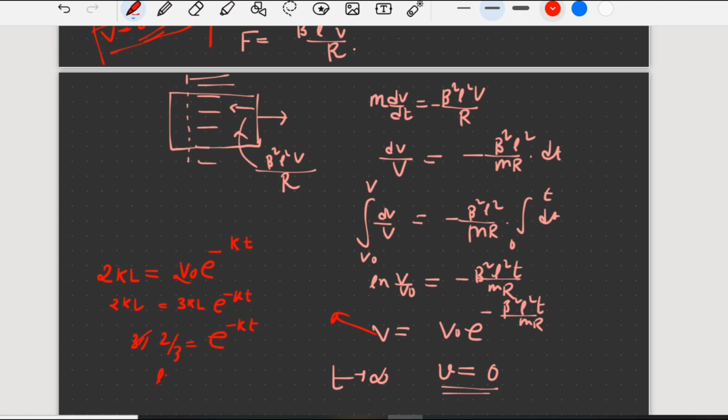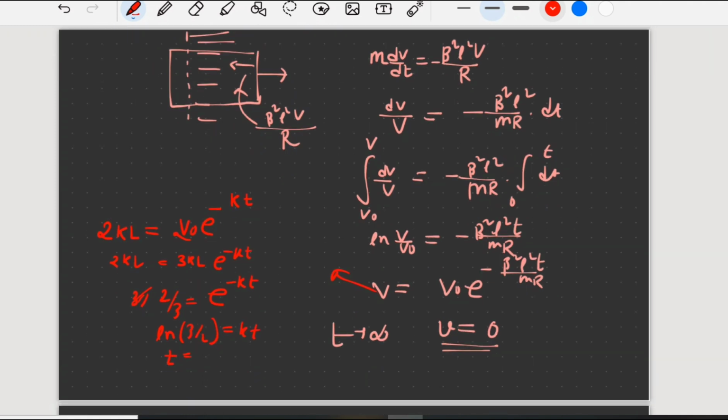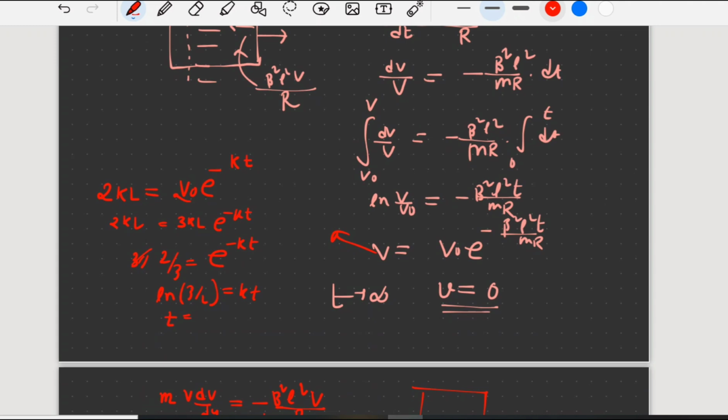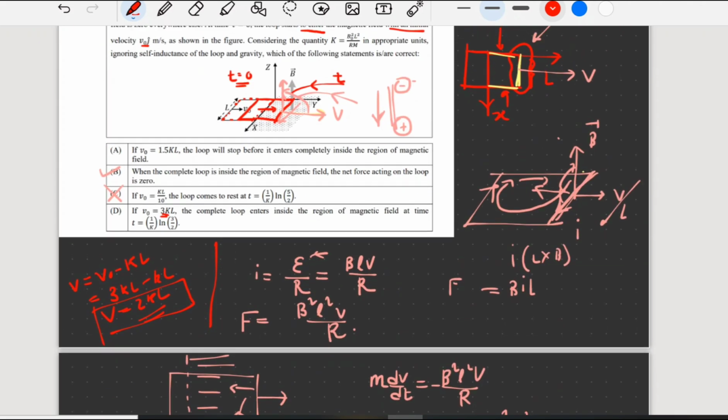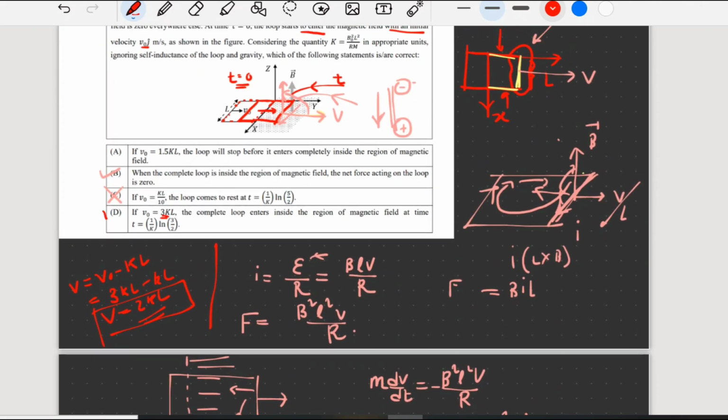So taking log, log of 3 by 2 is ultimately kt. So t I am getting, the time it will take to enter inside the magnetic field completely, 1 by k ln of 3 by 2. That is the correct answer. So option B and option D are the correct answers.